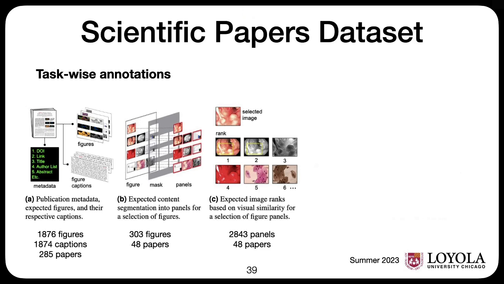And for the task of image ranking, which is similar to Google reverse image search, where we give an image and get a rank, we selected almost 3,000 panels, and we generated for each one of them ranks from the most to the least similar images, and we expect systems to give their answers and compare to our ground truth.